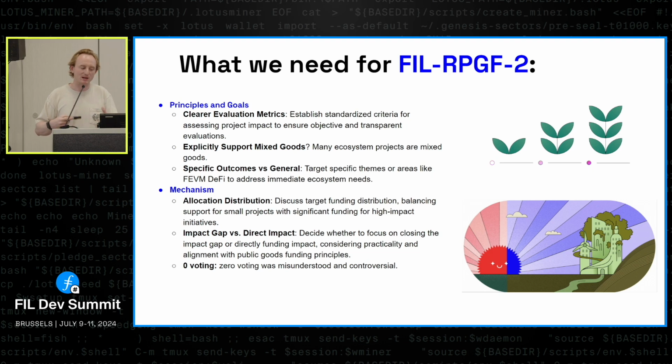So what we've seen in practice was a lot of teams disregarding that funding information and effectively voting based on impact. Another thing to discuss, which we already touched on, is zero voting, which was misunderstood and controversial. So we can decide whether or not we want to include that in round 2.